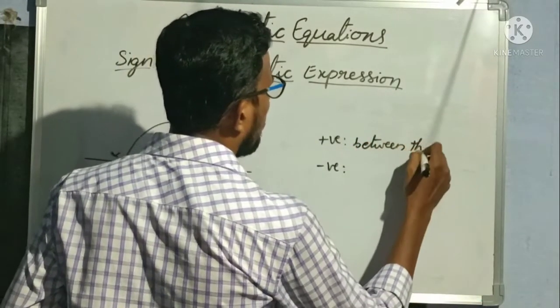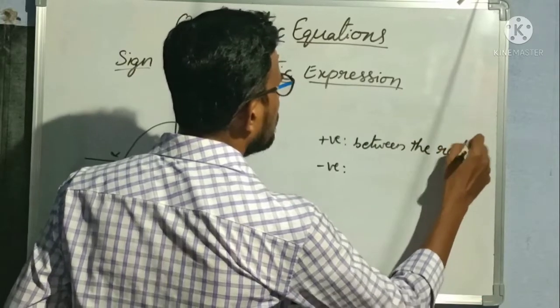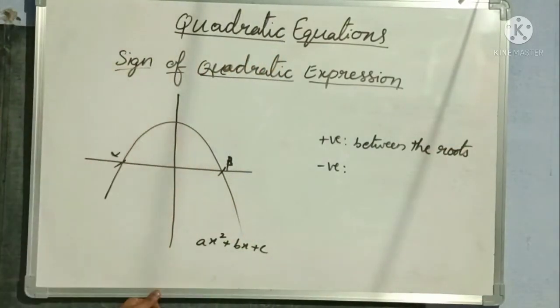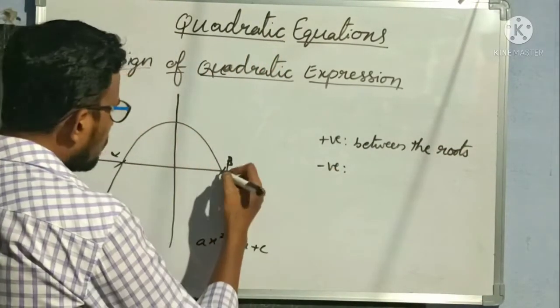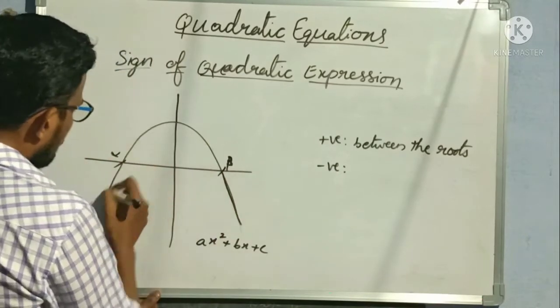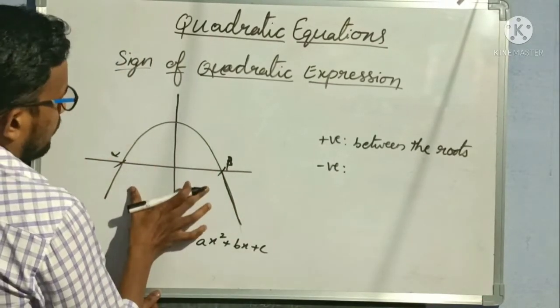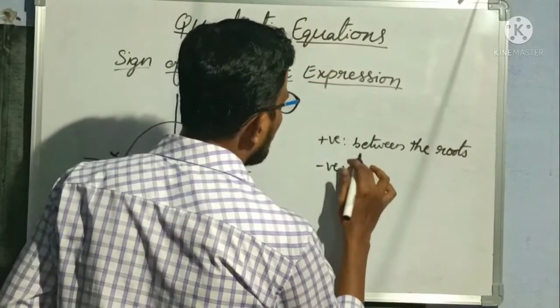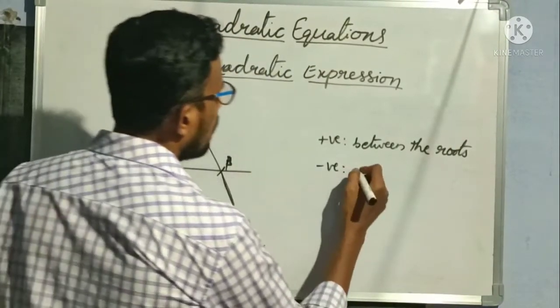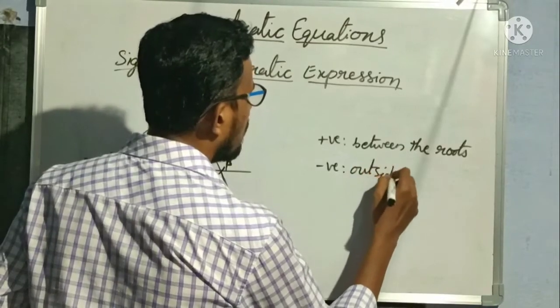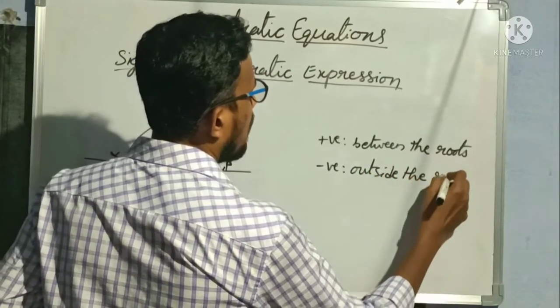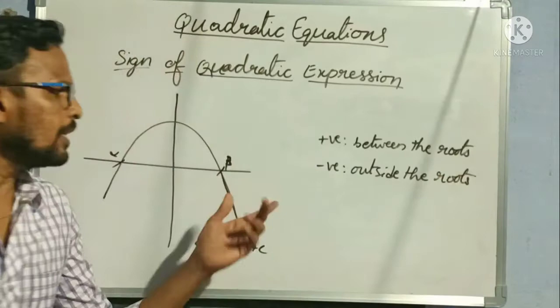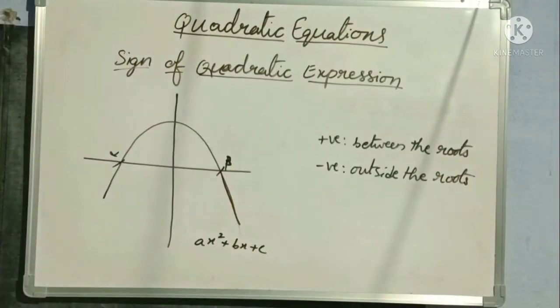Between the roots our expression is positive, and outside the roots, the value is decreasing, so it is negative. So outside the roots our expression is negative. Clear?